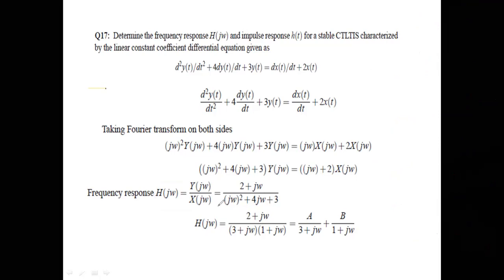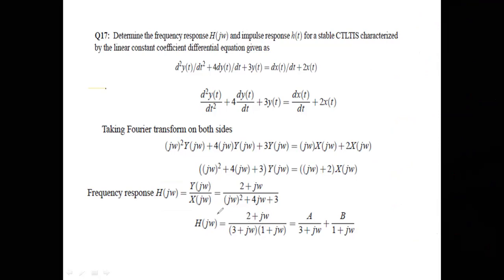So in the denominator there is a quadratic expression, ax square plus bx plus c. You can find the roots by using the formula minus b plus or minus square root of b square minus 4ac, by 2a. Otherwise, you can directly use a calculator to find the factors.